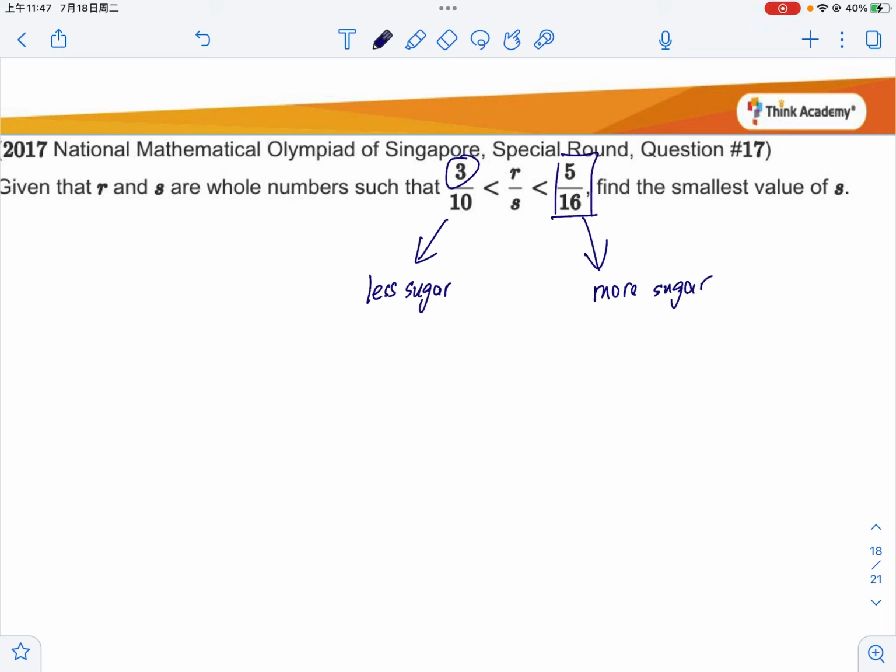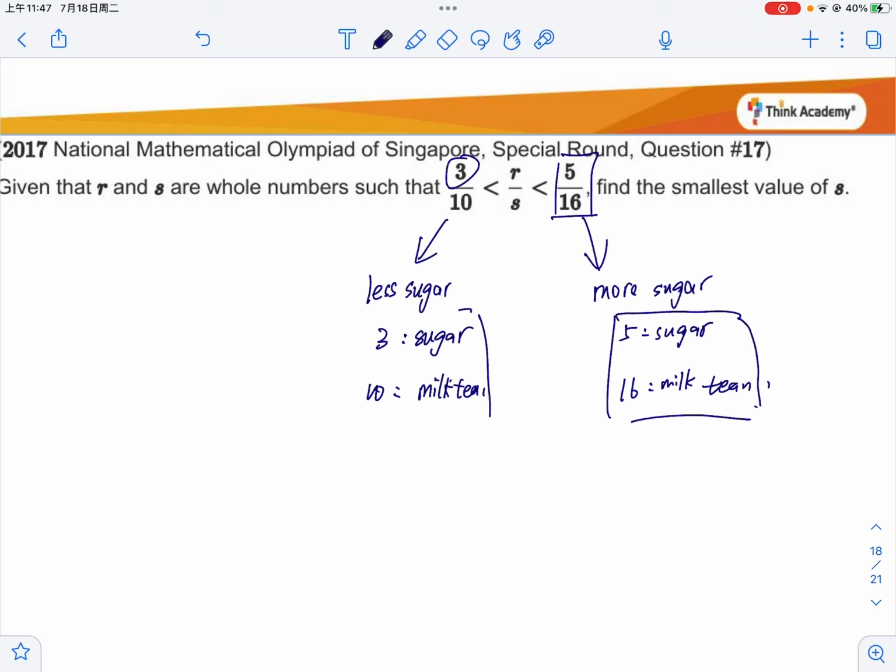Because we have more sugar, right? So let's use 3 as the sugar and 10 as the milk tea, and 5 as the sugar and 16 as the milk tea. Then I tell you, this cup of milk tea is sweeter than that cup, right?